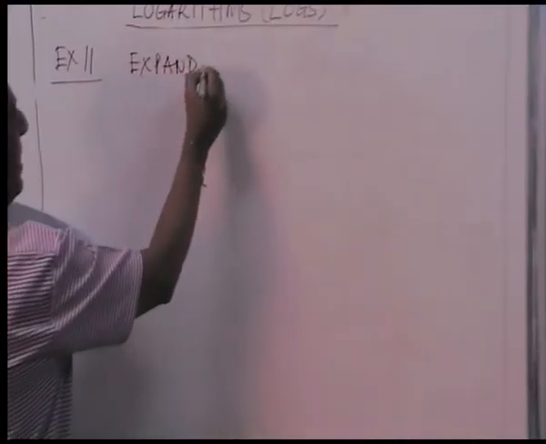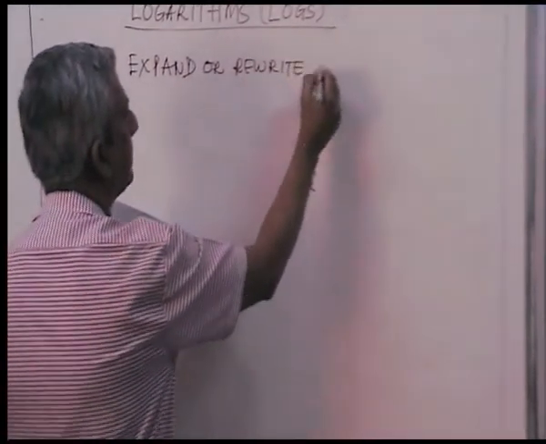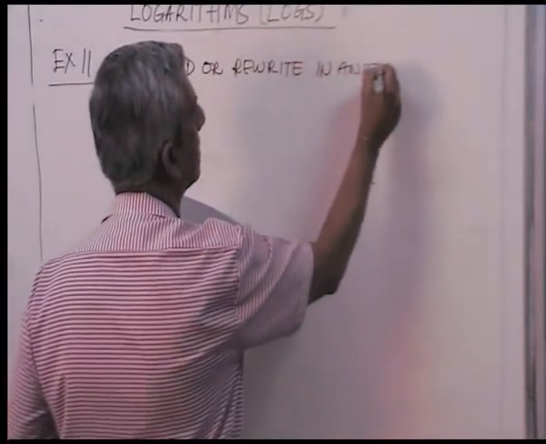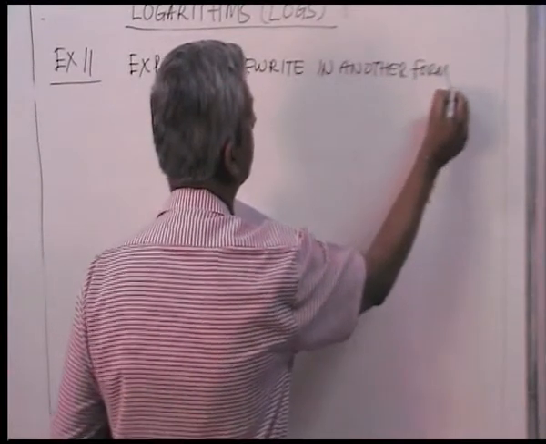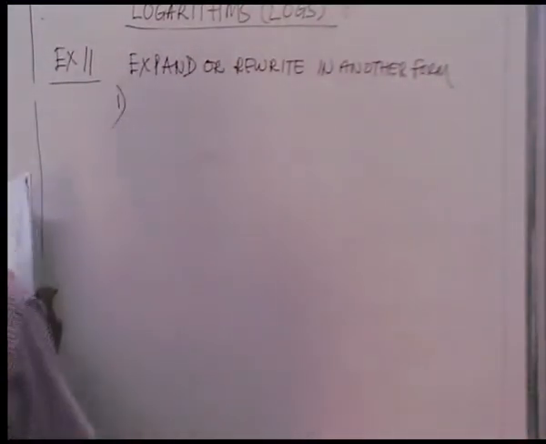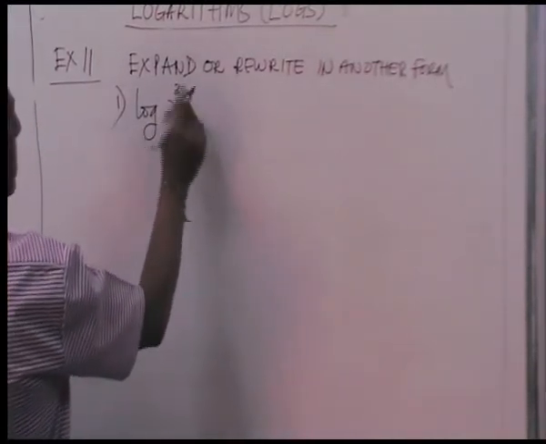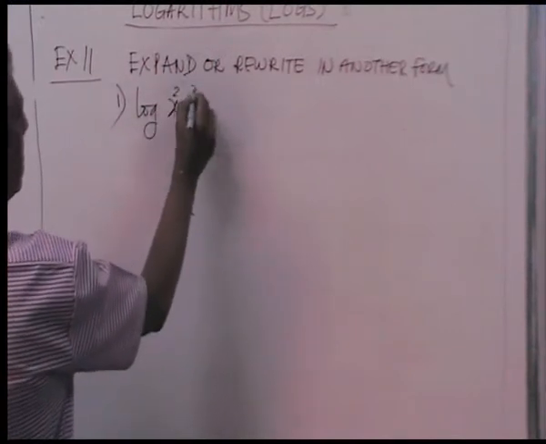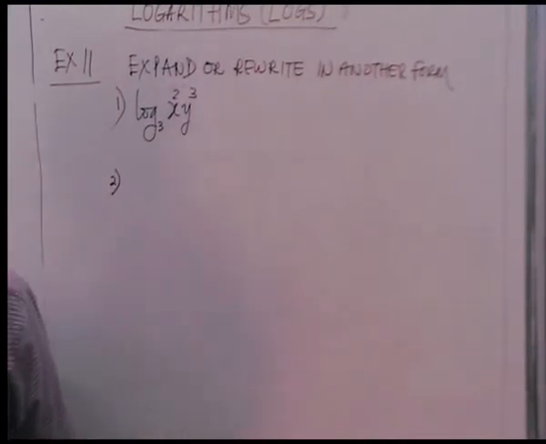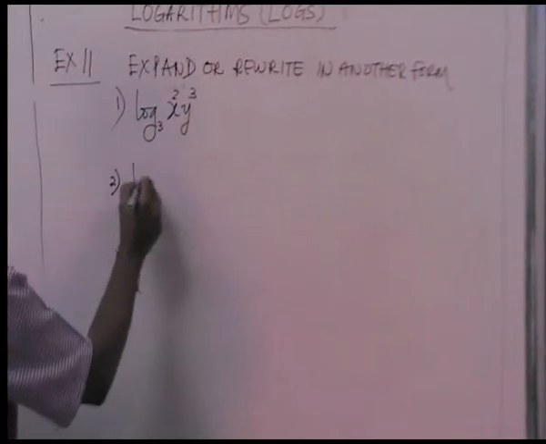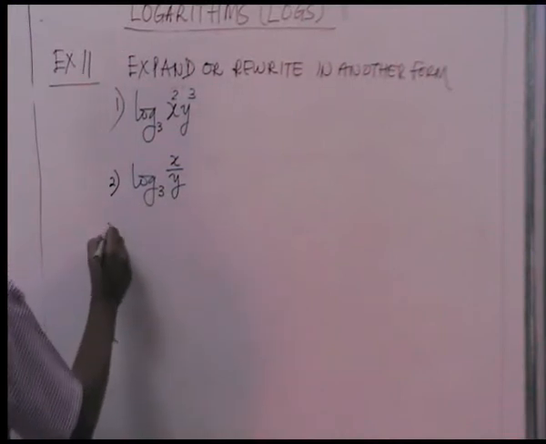Exercise 11: you can expand or rewrite in another form. Number 1, log of x squared y cubed to the base 3. Number 2, log of x over y to the base 3.